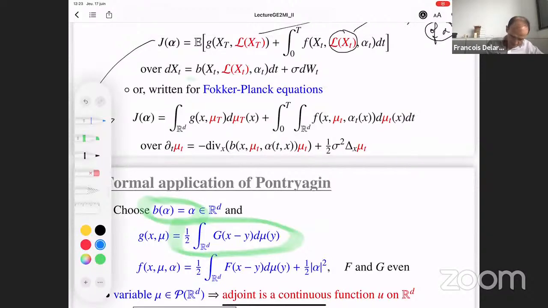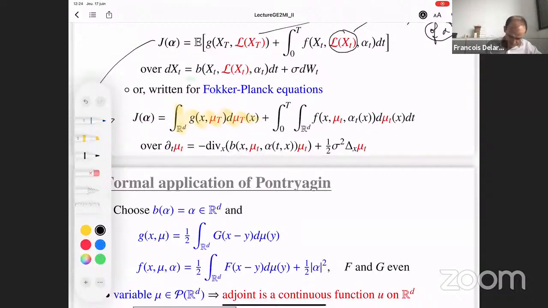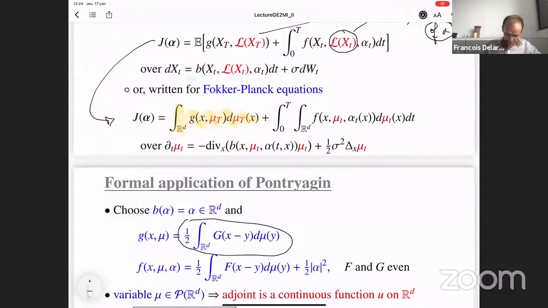So let me erase these green colors. So here, when I take this formulation, and if I choose precisely this as a functional, so this is the shape of G, I would have 1/2 the integral of g(x minus y) d mu t(y) d mu t(x). So you see that this is really a typical example for an energy, an internal energy of interaction between the particles in the population.